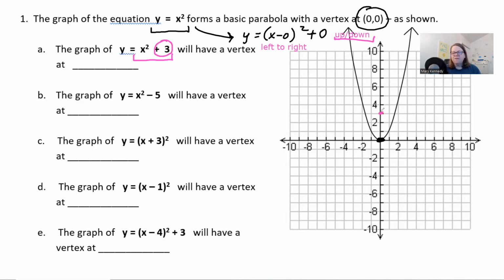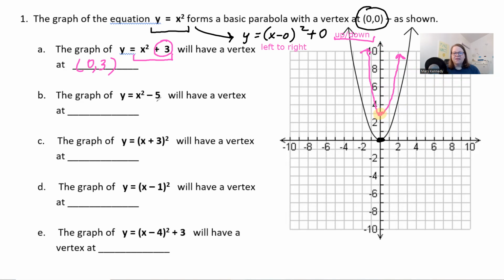That means the graph of y equals x squared plus 3 is here, and it's approximately like this. What's super important is that the vertex is in the right place. It's up 3, essentially. The vertex is still at 0, but it's up 3.